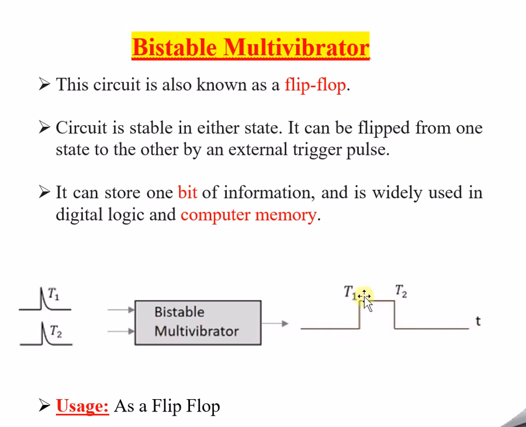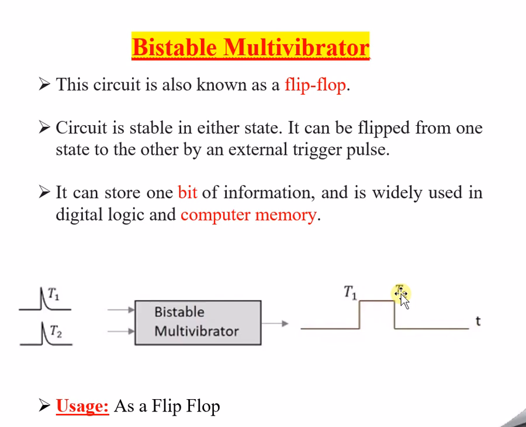Now I will tell you how it behaves as a flip flop. During the time period t1, it holds 1, meaning logic 1, which means high. That means it is storing one bit of information. It is storing 1. Again during t2 it is storing 0. So that means it acts as a flip flop because it is storing some value.